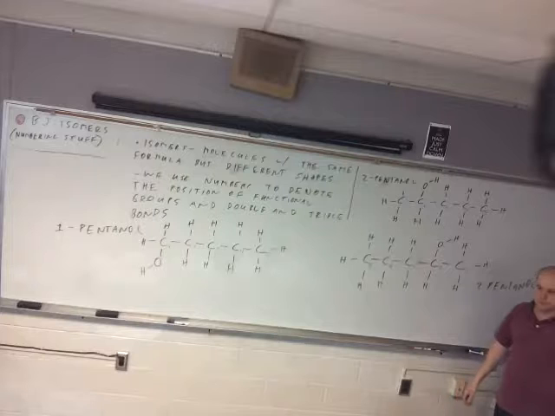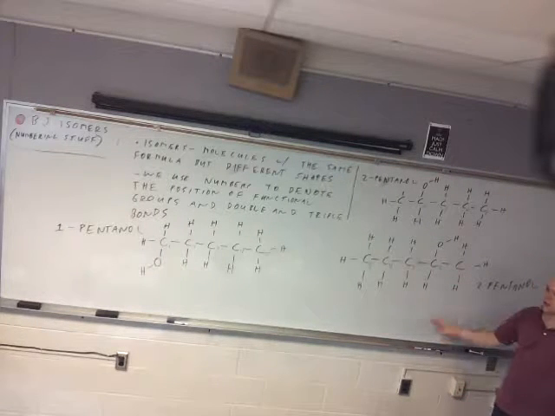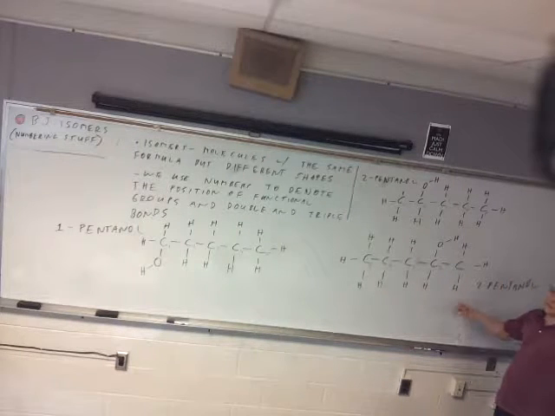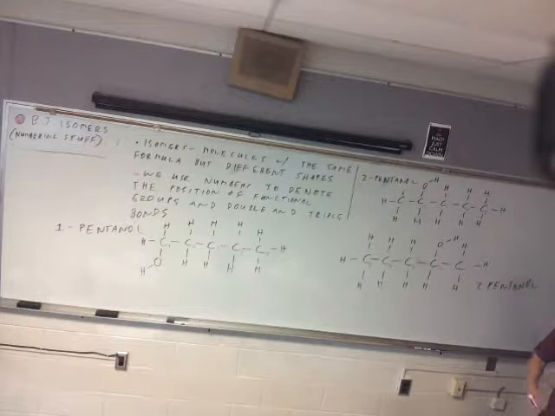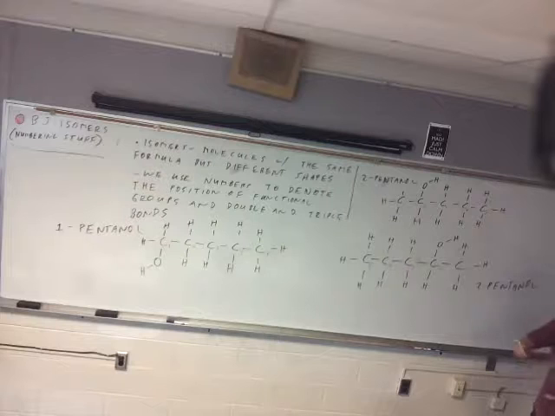Well, what if we have more, like 7 or 8? If it had 7, it'd be 2-heptanol or 1-heptanol. We would change the name. But would it ever go to like 5? Yeah, so if you had something with 11 carbons, it could go to 5, or 10 carbons. If you had decanol, you could have 5-decanol, 1, 2, 3, 4, 5.